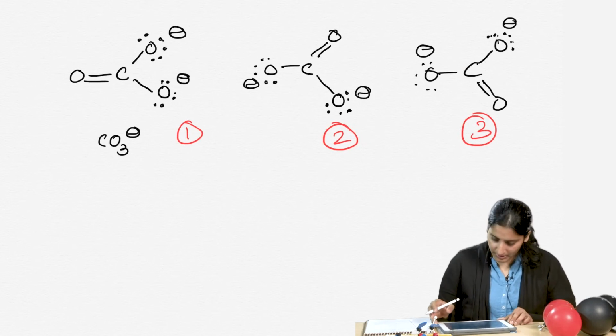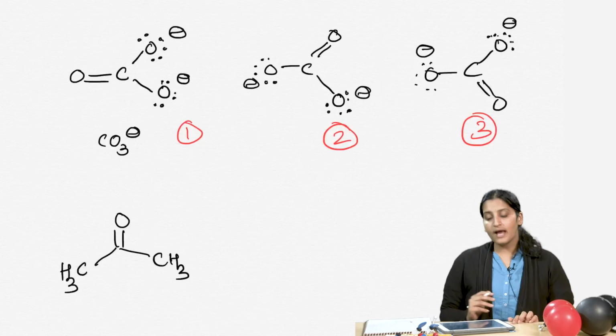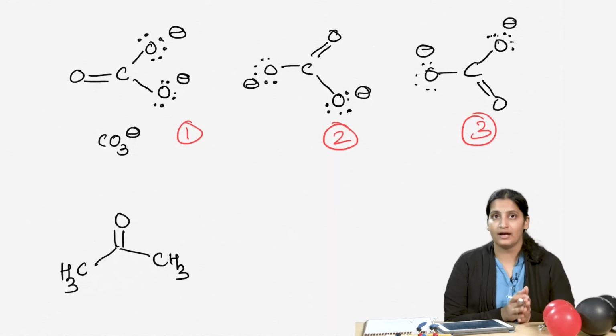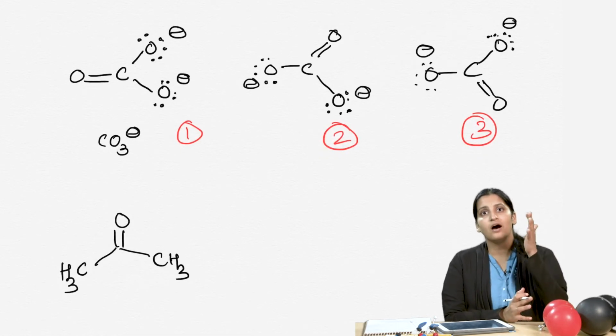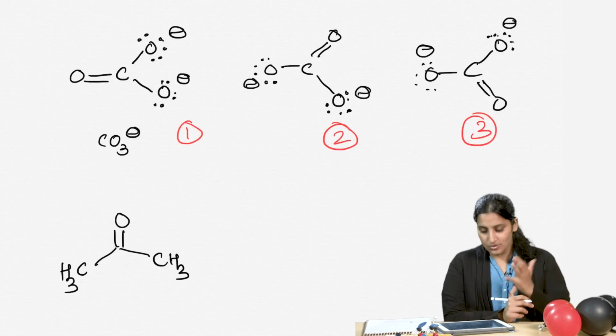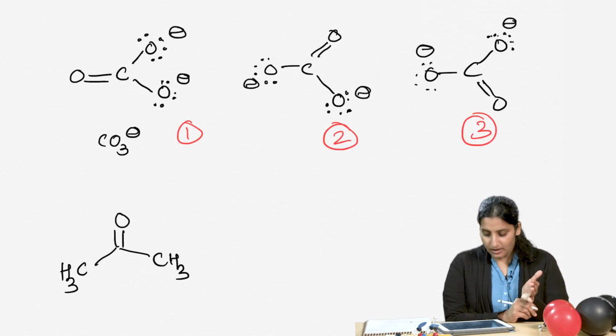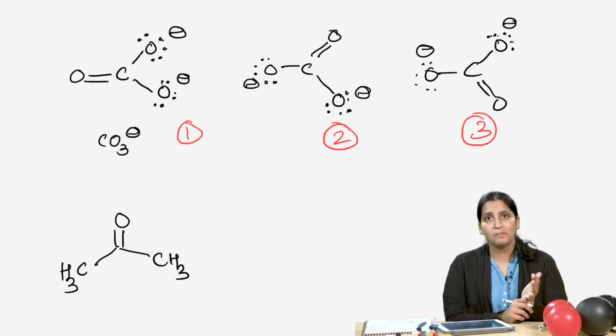So, now let us look at a particular resonance structure. What I have here is acetone, which, as you can imagine, is one of the most common industrial solvents. It is also used in nail paint remover. Acetone has various sigma bonds and also a pi bond.